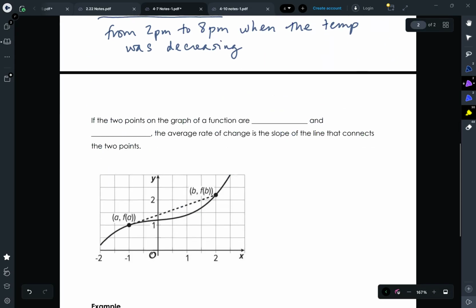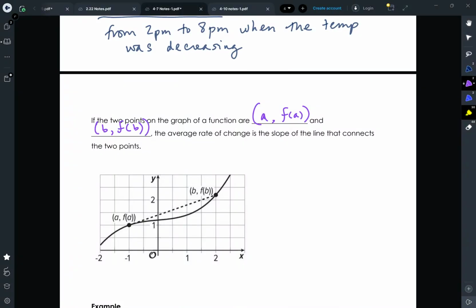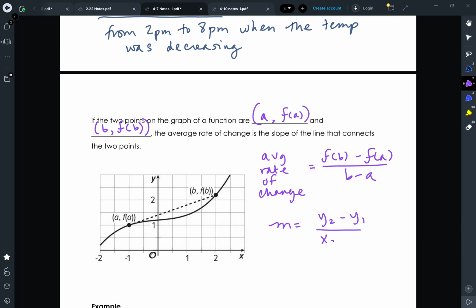All right, so if 2 points on the graph of a function are A, comma, f of A, wording it a little bit differently for slope formula this time around, and B, comma, f of B, then our average rate of change, which is slope, is going to be equal to f of B minus f of A over B minus A. So this is the same thing as m equals y2 minus y1 over x2 minus x1.